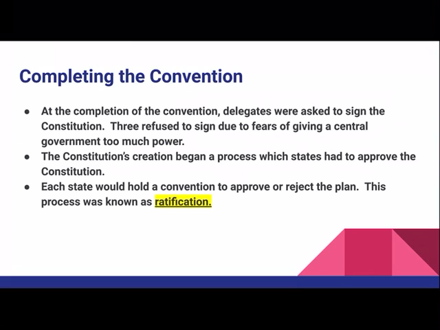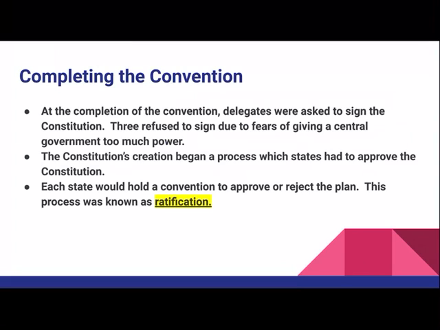So the Constitution's creation began a process in which states had to approve the Constitution. Each state would hold a convention to approve or reject the plan. This process was known as ratification. Okay, so to ratify something means to approve it. And so each state had to hold a convention saying either they're approving the Constitution or they are rejecting it.